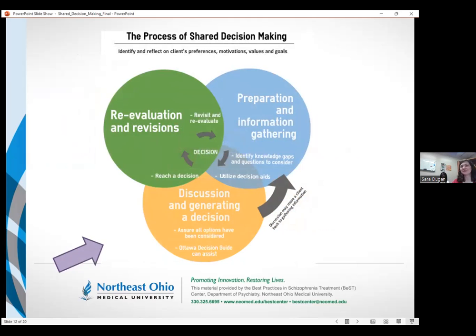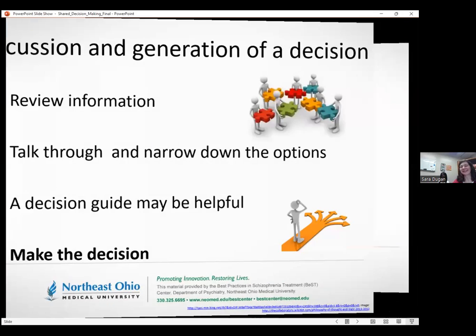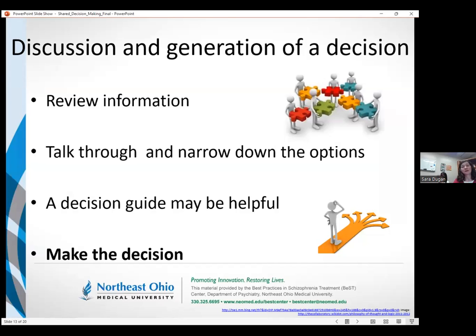Same page would be moving to the next step. So discussion and generating that decision. I think this part may be challenging sometimes. So reviewing the information, those questions that were generated, can we make sure that we're all on the same page in terms of what would this mean going forward? If we start no medication, then the expectation is that maybe they're in therapy multiple times a week.